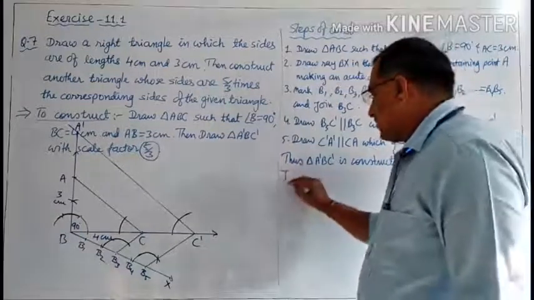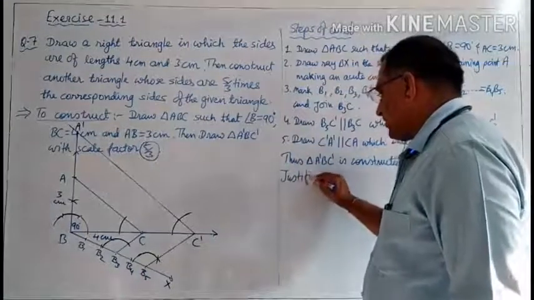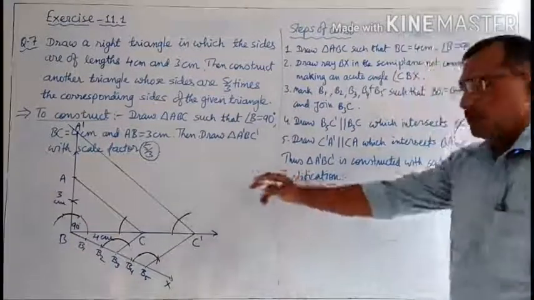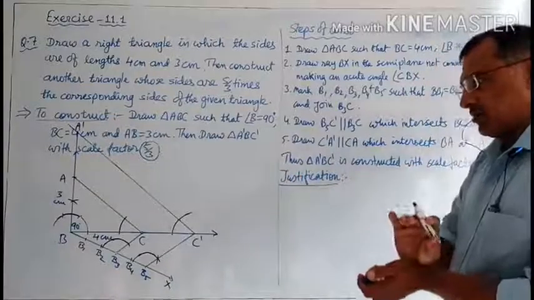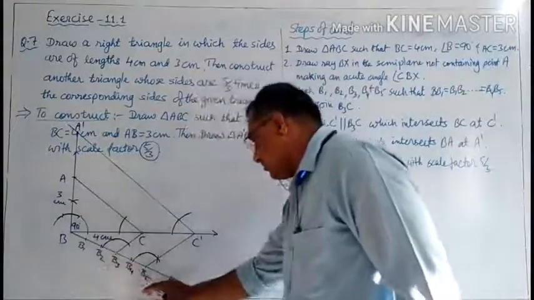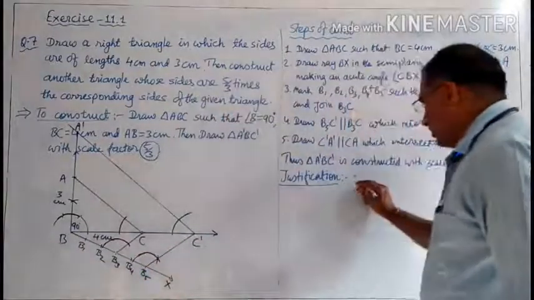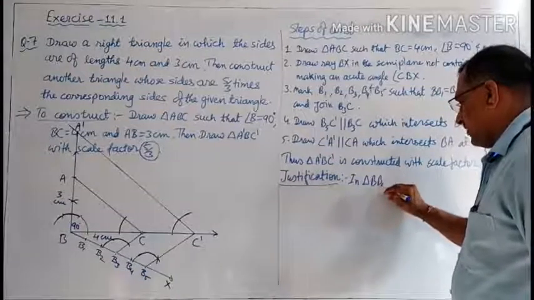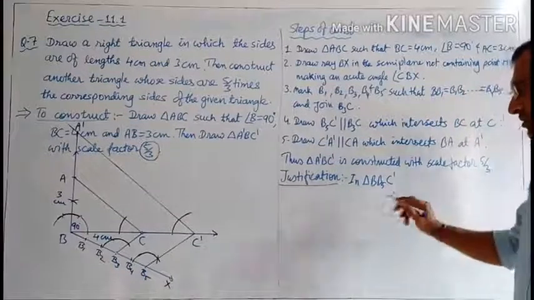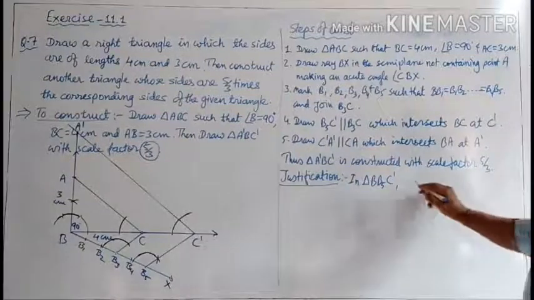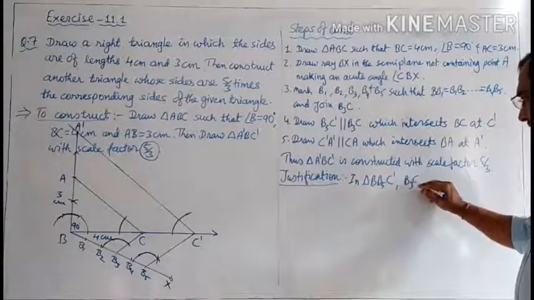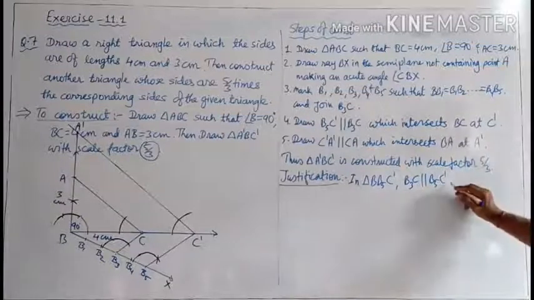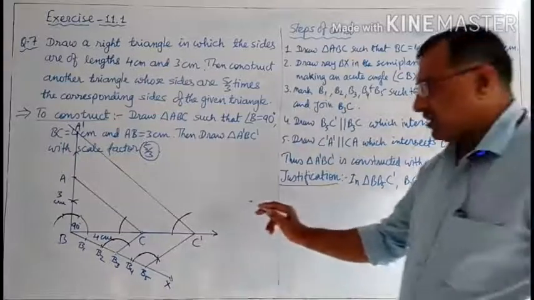But what is the justification? How can you say that its scale factor is 5/3? So we can justify. First of all, in triangle B B5 C dash, we have drawn parallel lines, that is B3C is parallel to B5C dash.